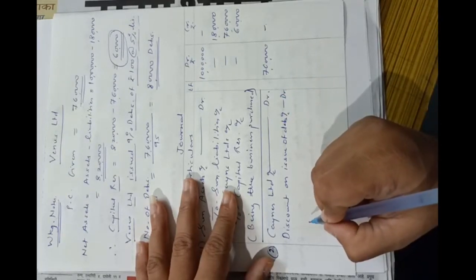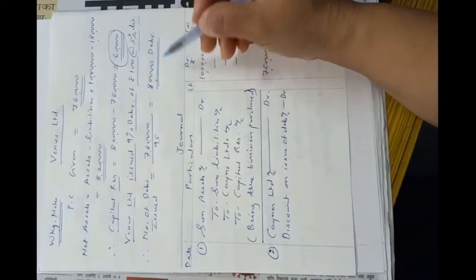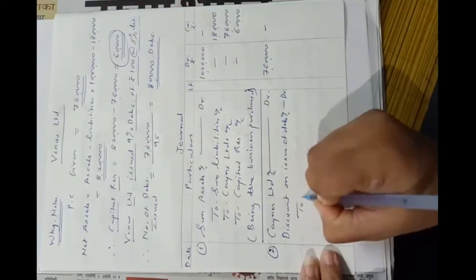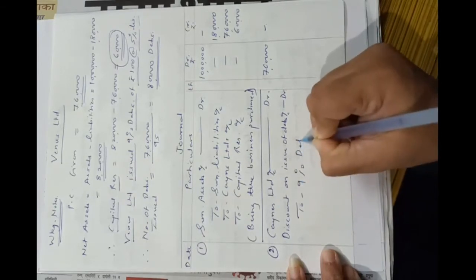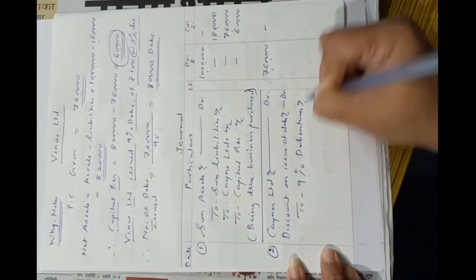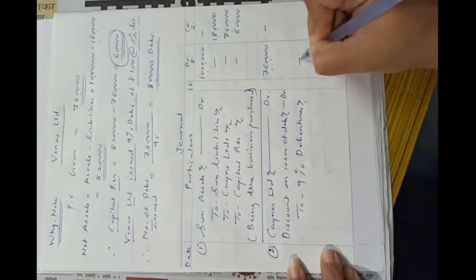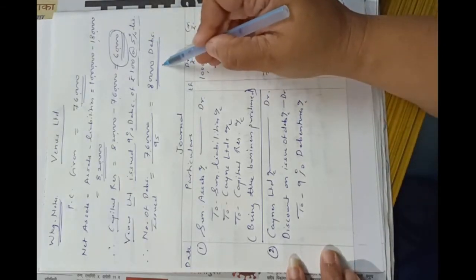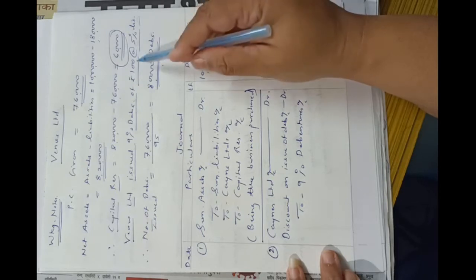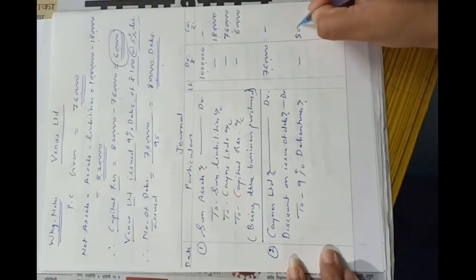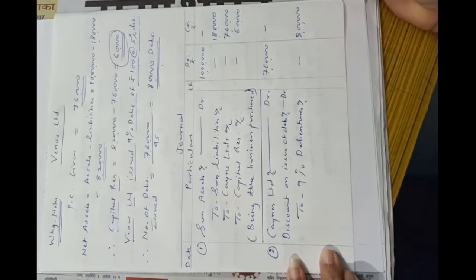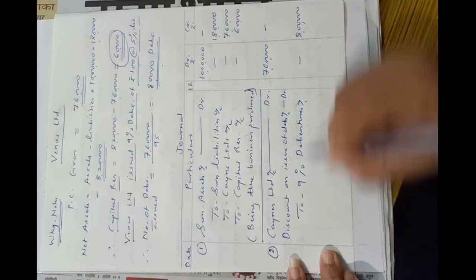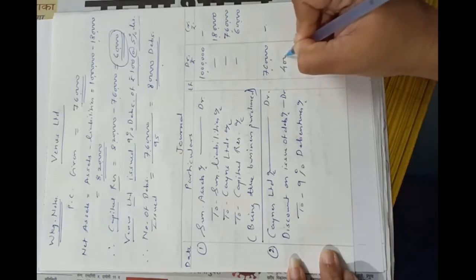Now how to calculate the amount? Number of debentures were 80,000, and see here, total payment to 9% debentures account. Total debentures issued were 80,000 and their face value rupees 100. So 8 lakhs. Okay. Now the difference between these two amounts is 40,000.